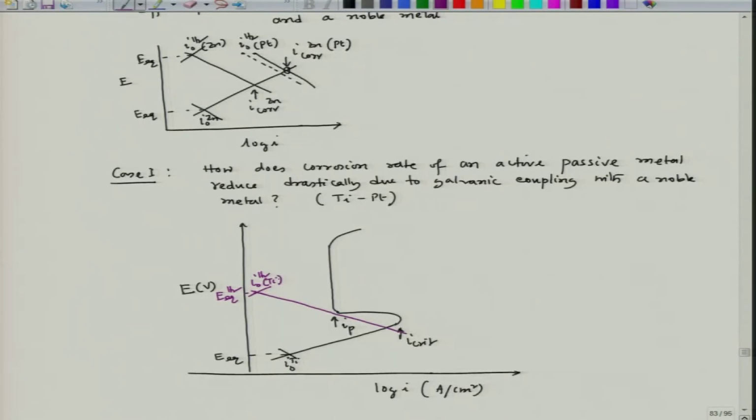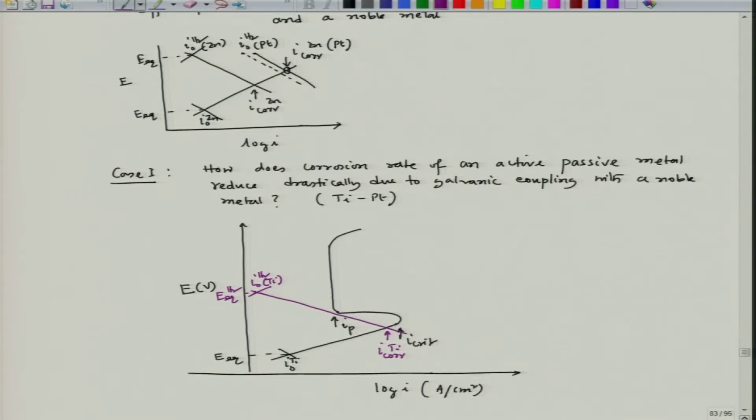So, this is the typical plot, and the interaction point is at this point. So, this becomes I core titanium.